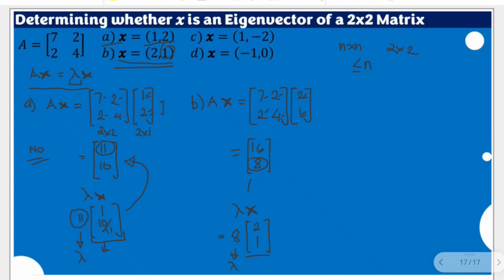This corresponds to the vector in letter B. So this is our x. Unlike your letter A, to which this is not equal to your vector here, this is equal to the vector used. This would mean that the vector in B is an eigenvector of matrix A with the corresponding eigenvalue equal to 8.